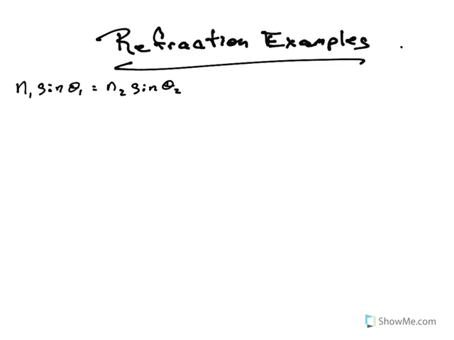And then we also talked about critical angle and how we could use Snell's law to calculate that special angle for a material when you're going from a more dense medium to a less dense medium that allows the light to just have what's called total internal reflection. So let's do some examples and see what the calculations look like.